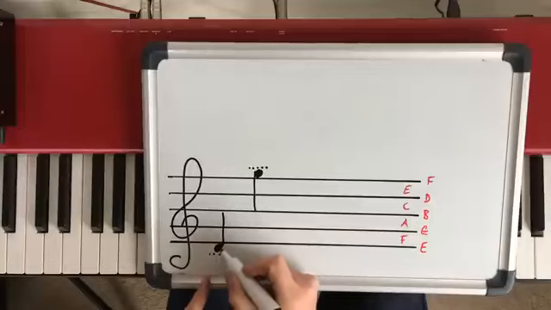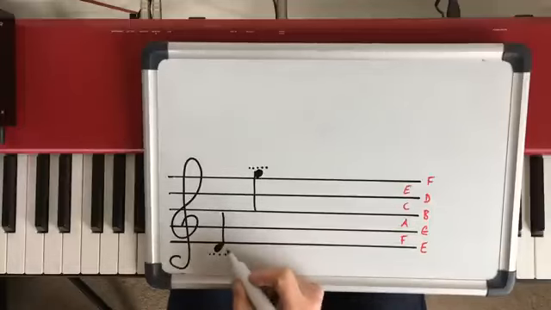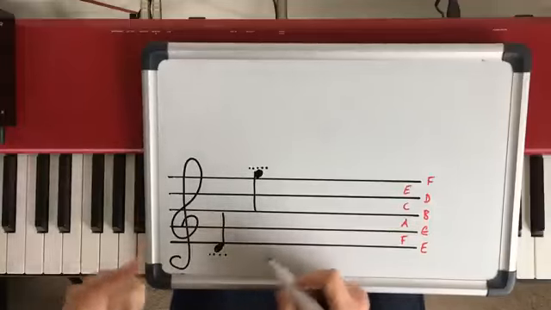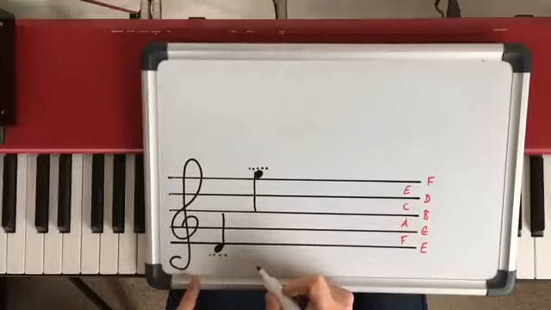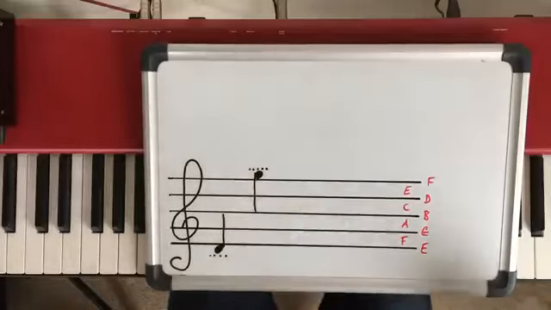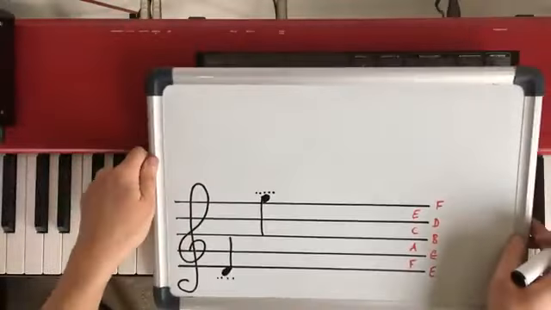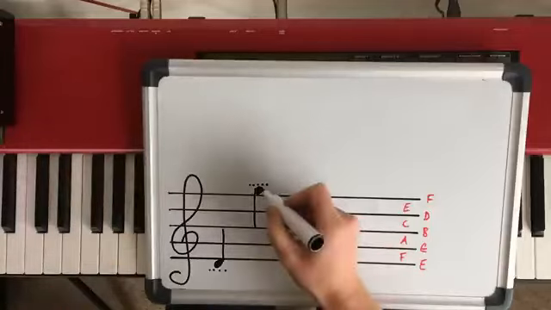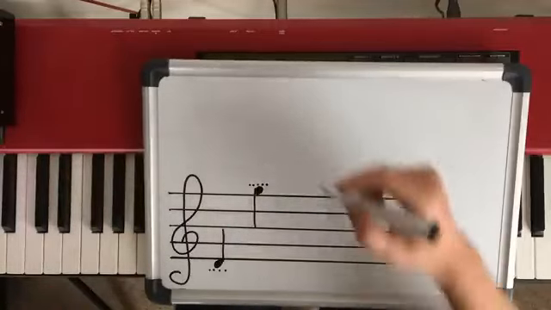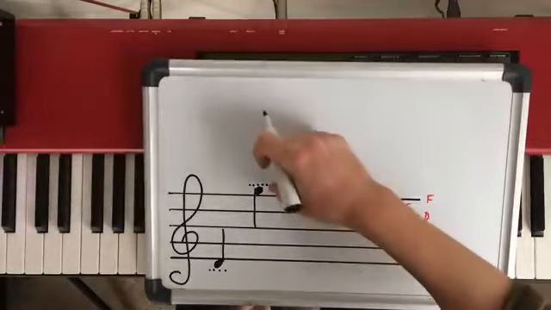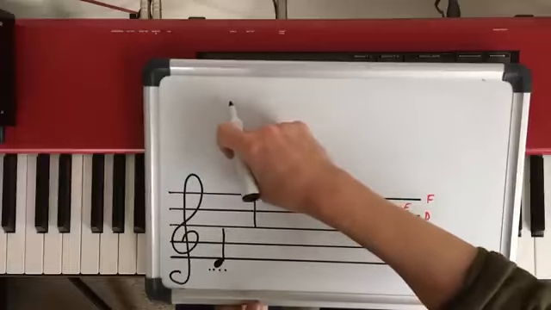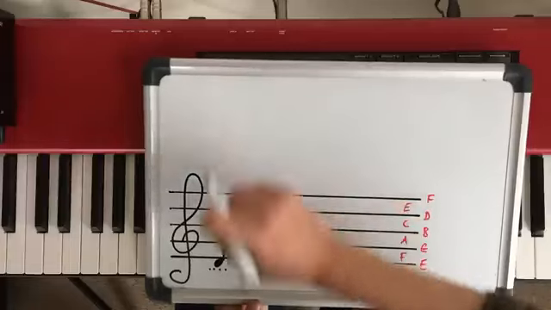We notate the D here in this space between the E and an imaginary line that runs beneath it. Same principle with this G up here above the F on the top line. We place it in the space above the F immediately below the next line up, which is imaginary, and we don't write that line in. That line doesn't need to be there.